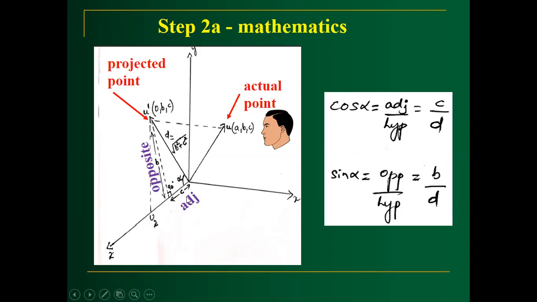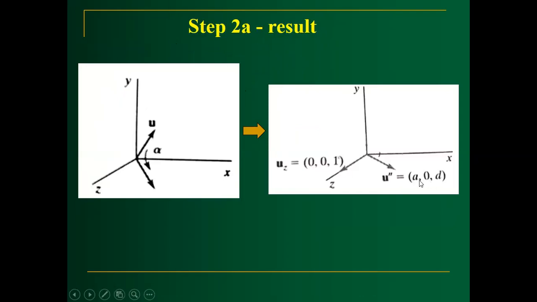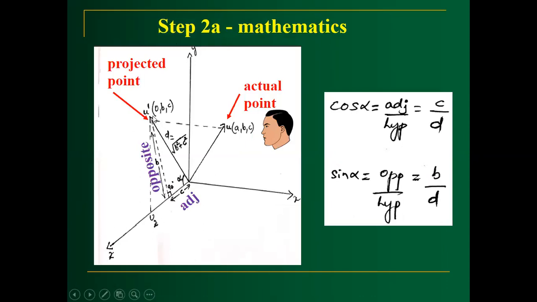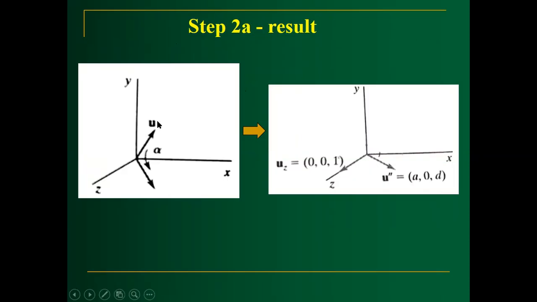So this is b. Ultimately, this becomes a comma 0 comma d, because you are rotating about the y-axis now. The y parameter is 0 because it doesn't affect the y-axis. X remains a as such, but the z parameter is now your uz, that is your d, because I rotated, and at some point of time u dash will come to uz. All right, so 2a's result is something like this.